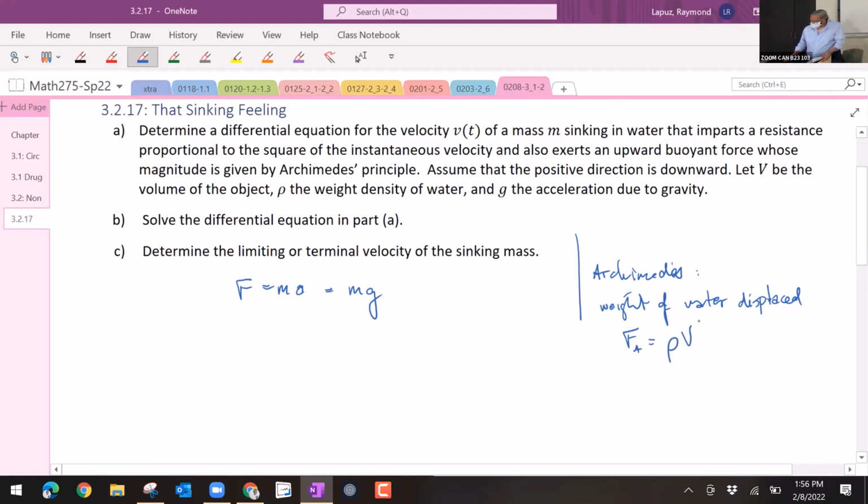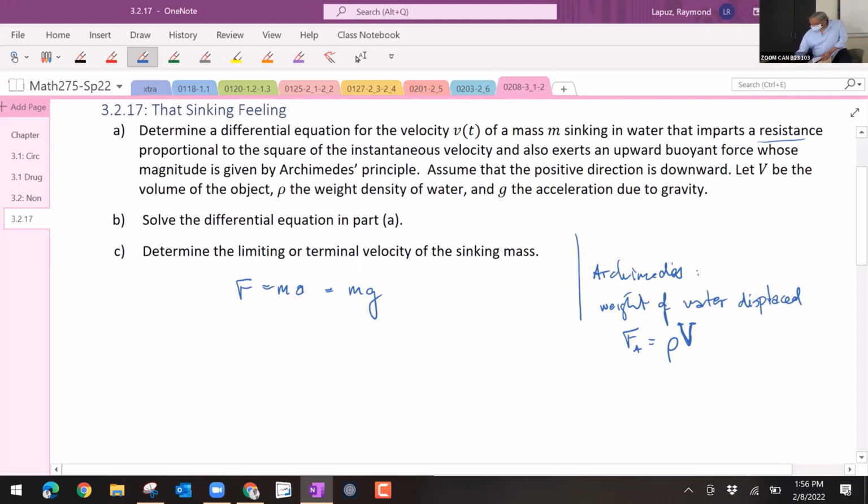Resistance imparts a resistance proportional to the square of the instantaneous velocity. So we need the capital V for the volume, but we also need a little v for instantaneous velocity. So let's make sure you write your little v and capital V a little bit differently.